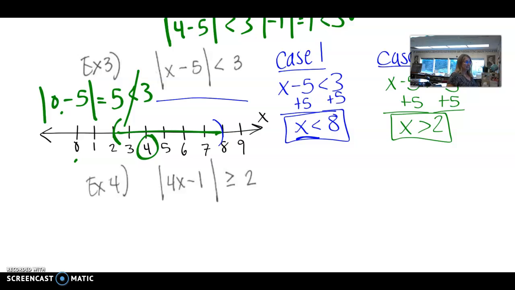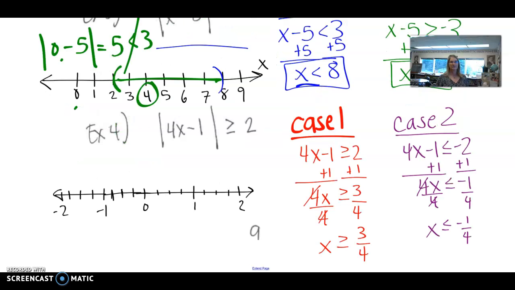Okay. Next example, why don't you try to do it on your own? Break it into the two cases, remembering to switch the inequality symbol when you do the negative, and then check your work. So if you're doing this on paper, make your number line so that it makes sense.